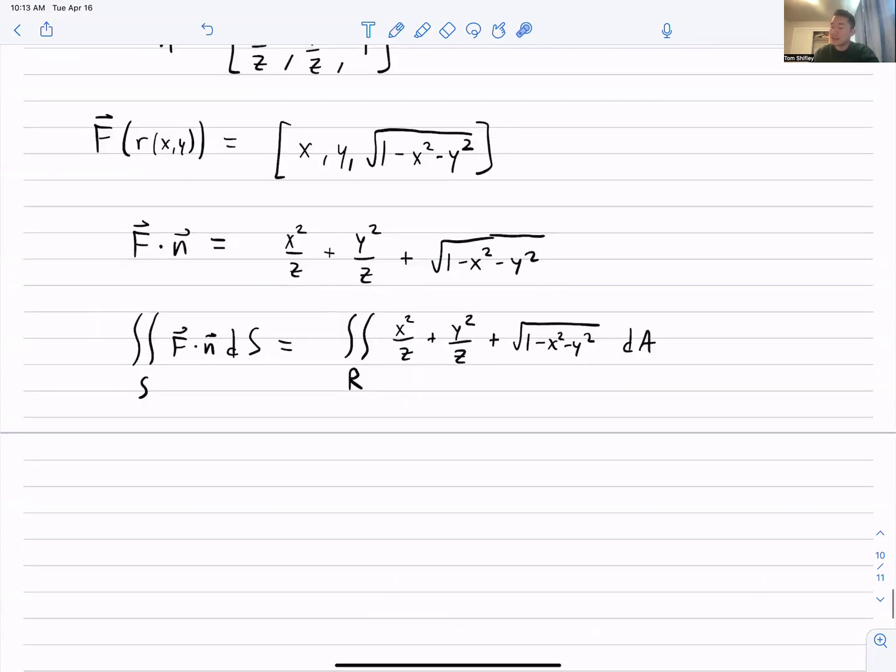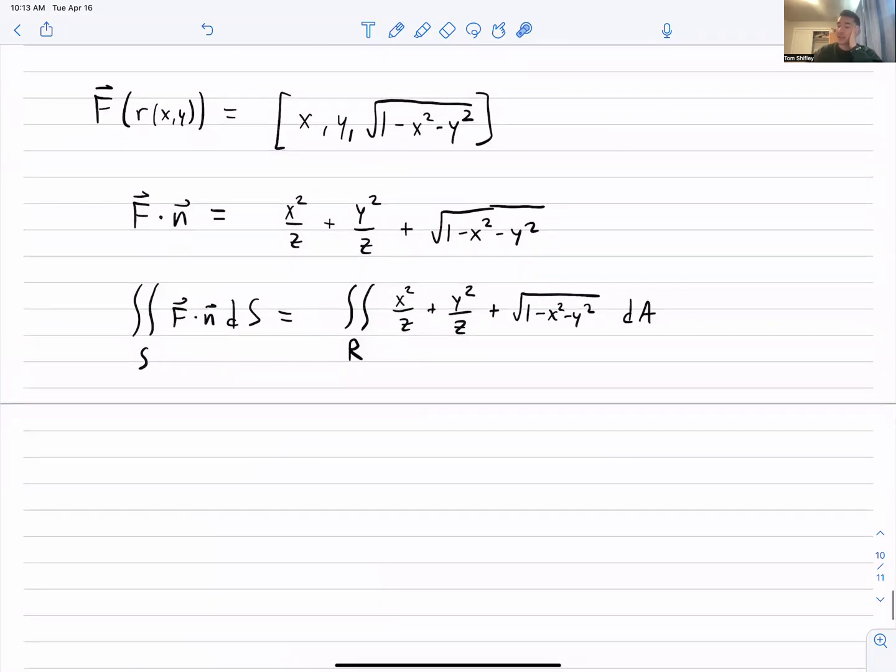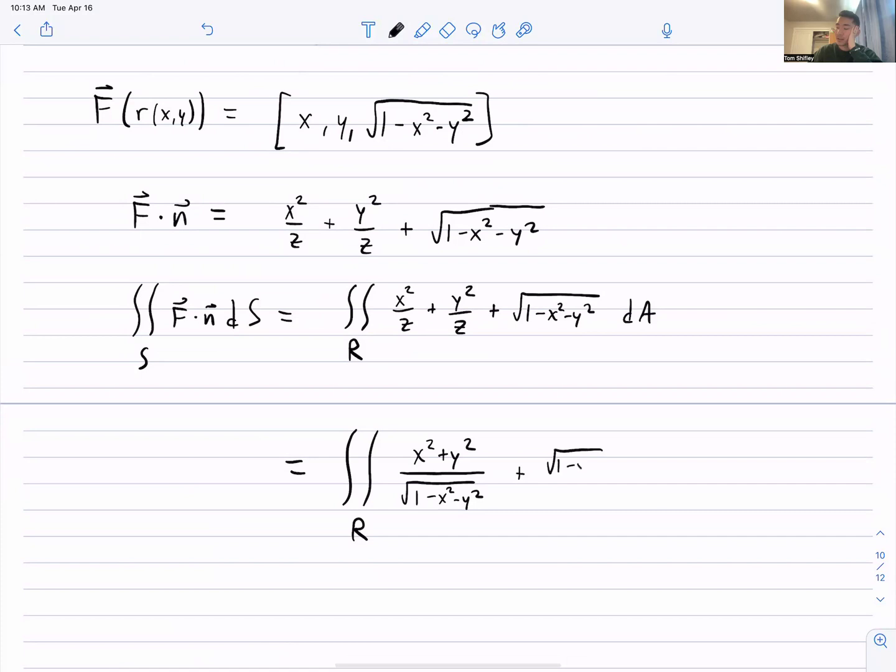And so this needs to be in terms of x and y, though. So we have to replace what z is here and there. Using what we just solved for z, this will be the double integral over the region R, which is the unit disk, of x squared plus y squared over the square root of 1 minus x squared minus y squared, plus the square root of 1 minus x squared minus y squared.